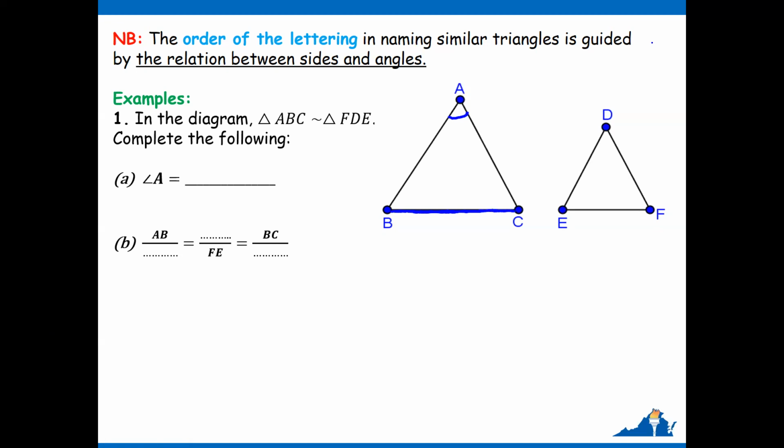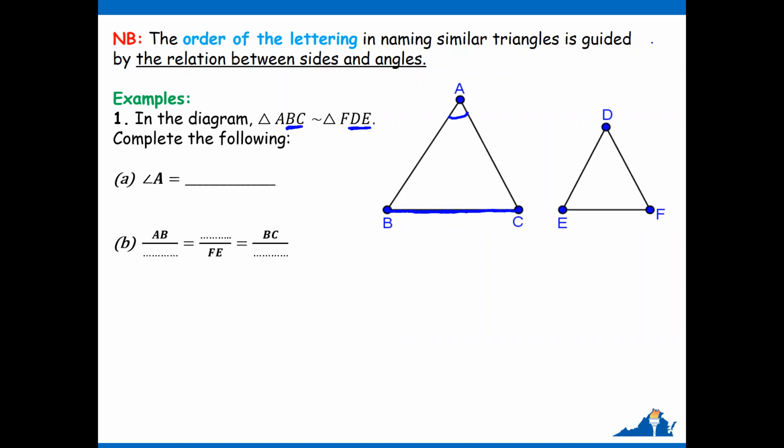So I also want to identify the side that corresponds to BC in the other triangle. To do that, I go to the similarity statement. BC occupies the last two positions of the lettering. So it corresponds to DE, which occupies the last two positions of the lettering.